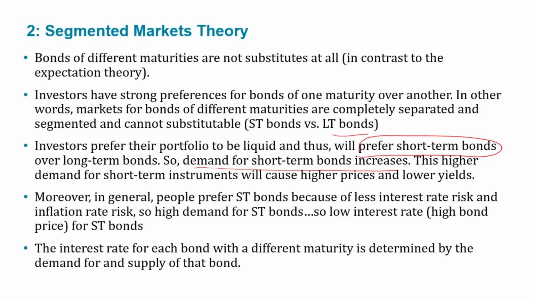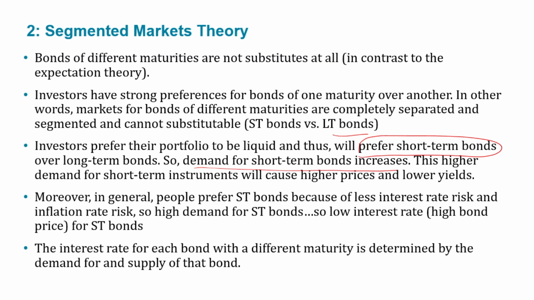In contrast to this, for the long-term bonds as compared to the short-term bonds, there will be relatively less demand. As a result, the price of a long-term bond will be less than the price of short-term bonds. Then you know that when the price declines, the rate of interest increases. The annualized rate of interest increases for long-term bonds.